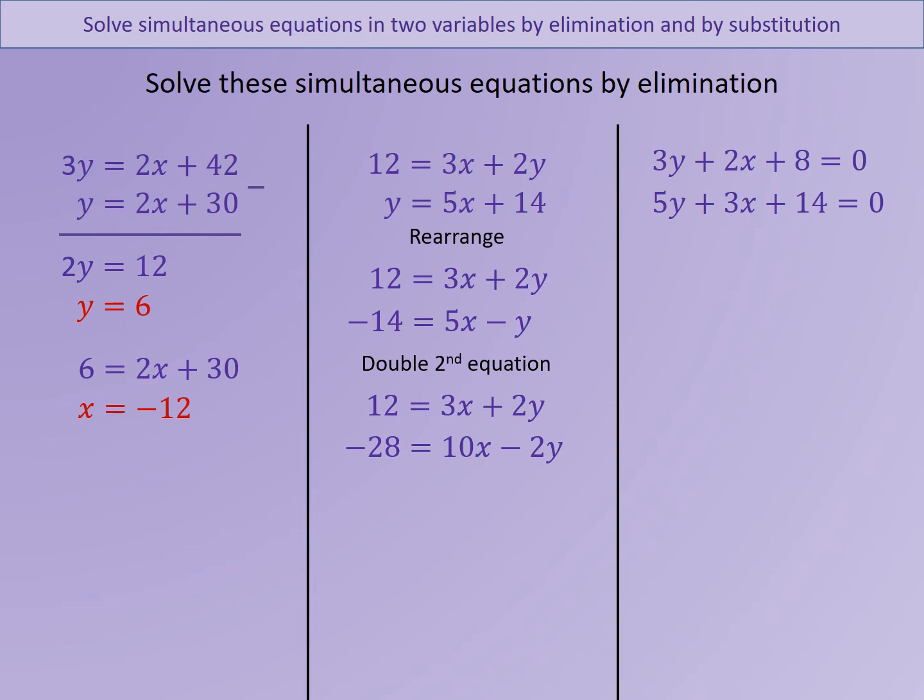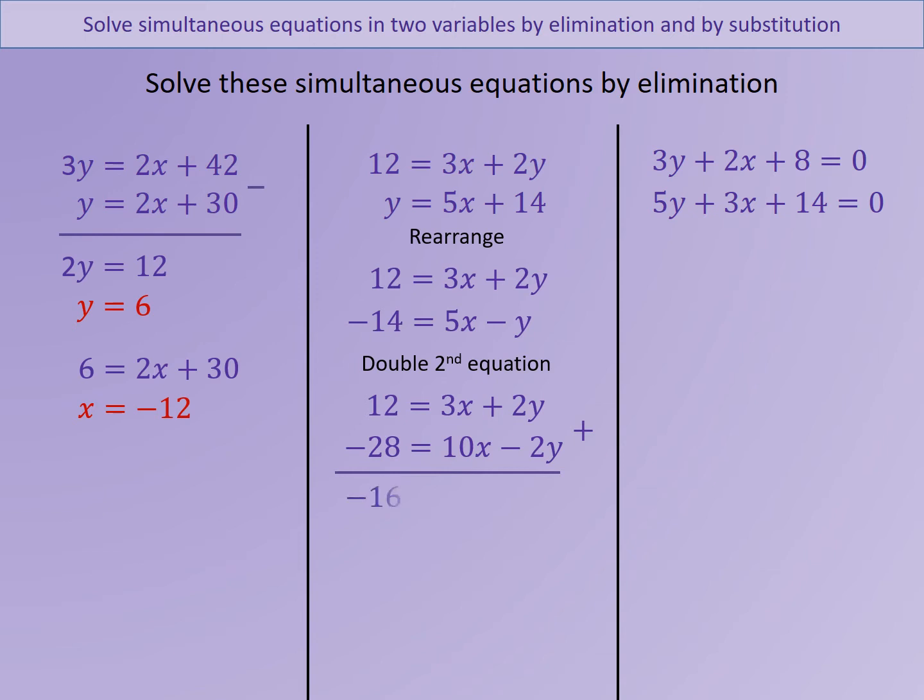So I've doubled everything, and now I can see that I have a positive 2y in equation 1. I have a negative 2y in equation 2, and so, as I said before, because they are different signs, I am going to add the two equations together. And what will happen as a result is that the y's will cancel.